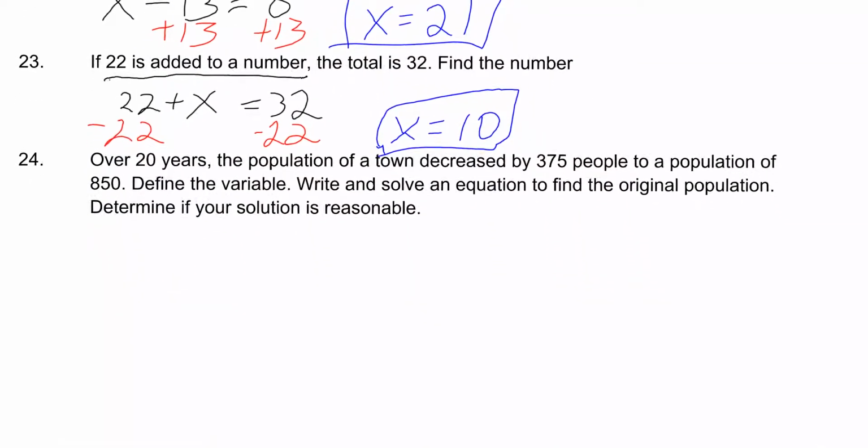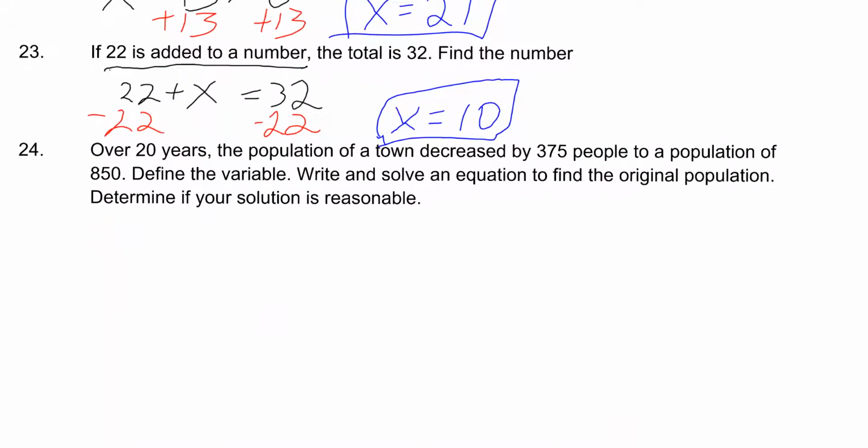Last question. So it says, over 20 years, the population of a town decreased by 375 people to a population of 850. To find the variable, write and solve an equation to find the original population, and determine if your solution is reasonable. So, let's see. I'm going to say P equals original population.